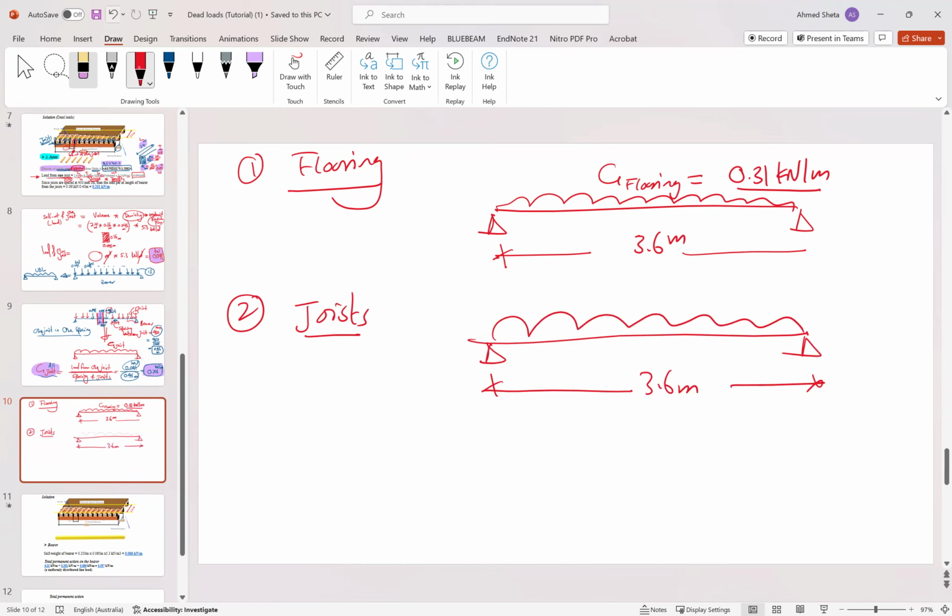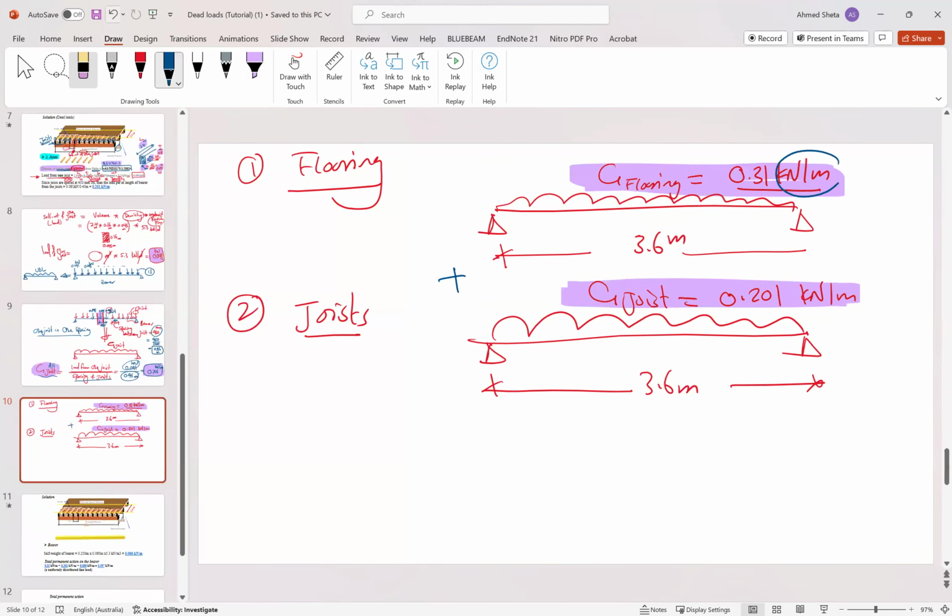So G joists equal to 0.201 kilonewton per meter. So we have two values now, G joist and G flooring, and both of them are in kilonewton per meter. So you can sum them together to find the dead load on the bearer.